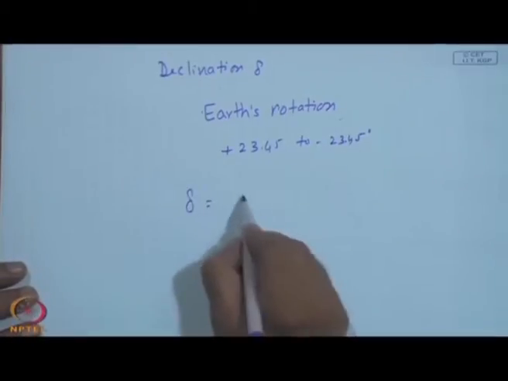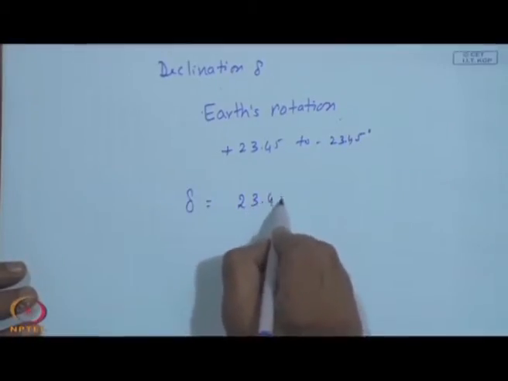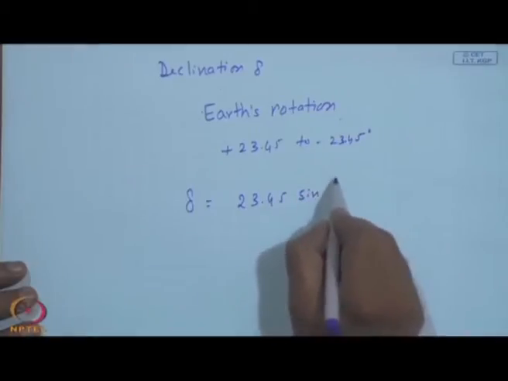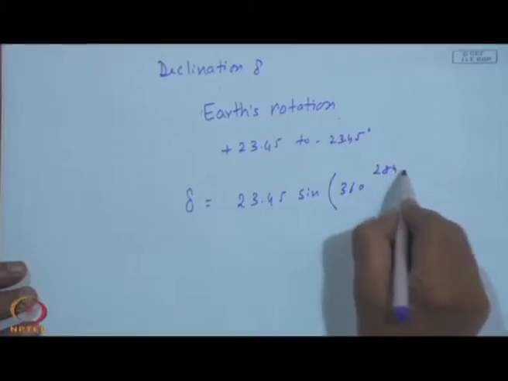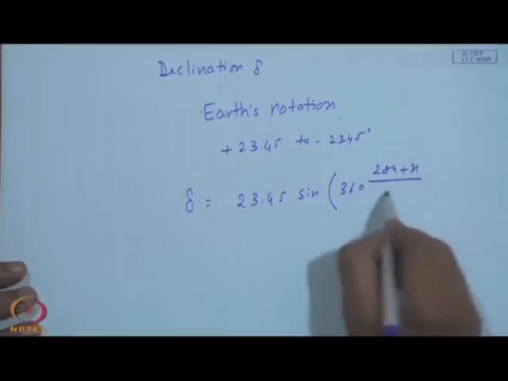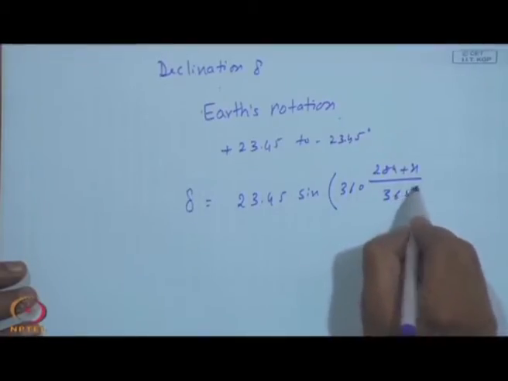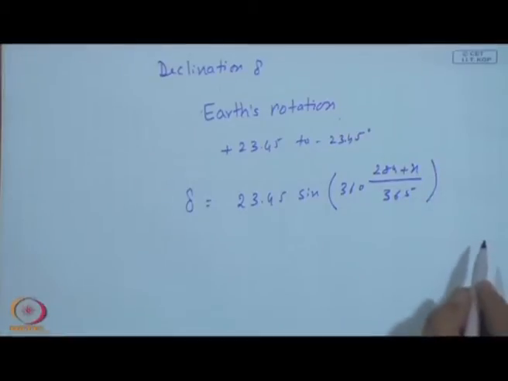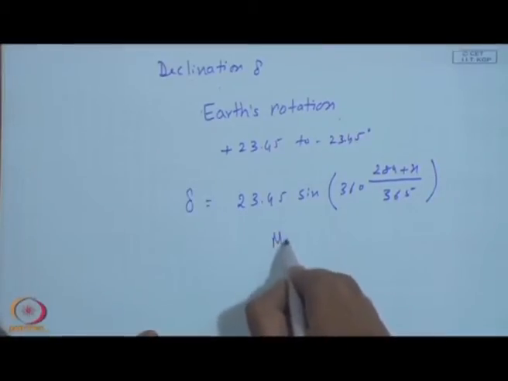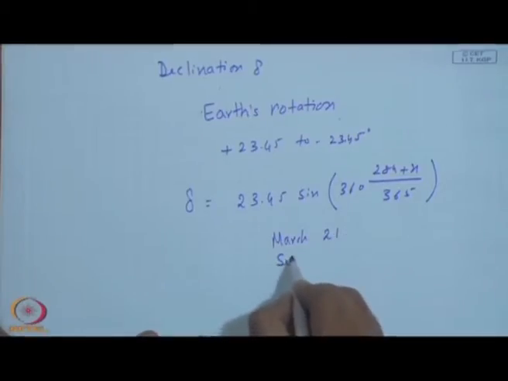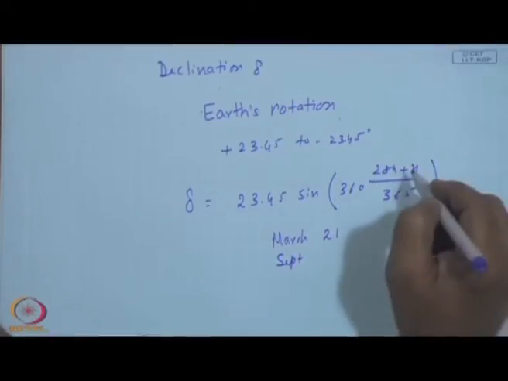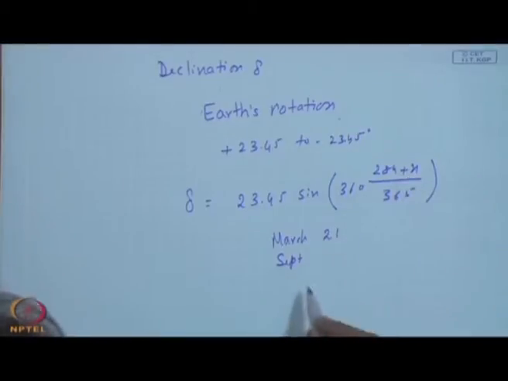Each day you can calculate according to this equation: delta is 23.45 sin of 360 times (284 plus n) by 365. You can verify for March 21st and September. If you put the appropriate n, you will get delta equal to 0.